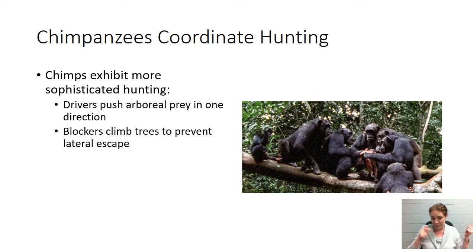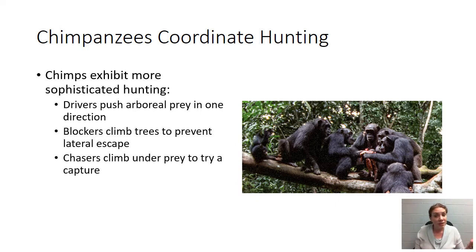It could escape up only to a limited extent, and gravity says what goes up must come down, so eventually it's going to have to come down. Or it could go down and try to escape that direction. So there are chasers, which I know I don't like the way they named them, but that's not my job. They actually climb under the prey to keep it from escaping downward, and they'll occasionally try to snatch it and grab it as it's running. I'm sure the blockers do too.